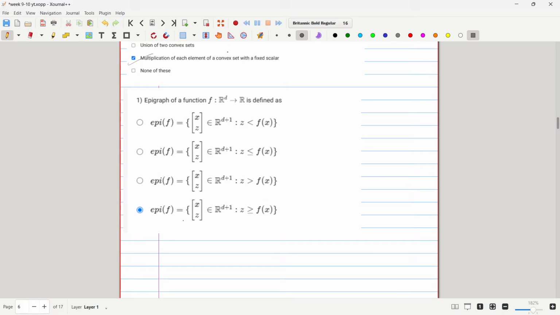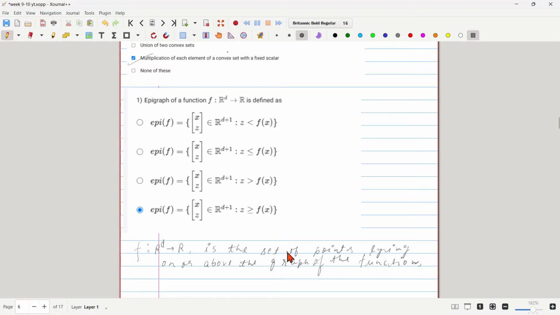Epigraph. See, epigraph is another topic, such that your function is R^d to R. The epigraph is the set of points lying on or above the graph of the function.